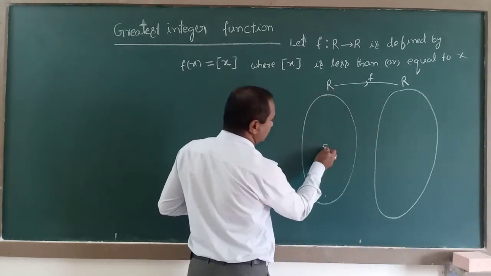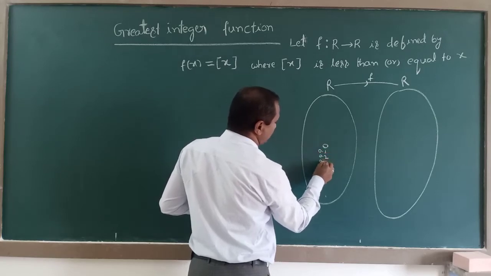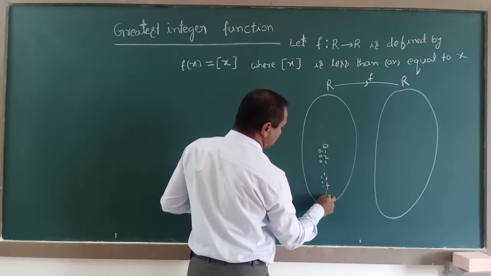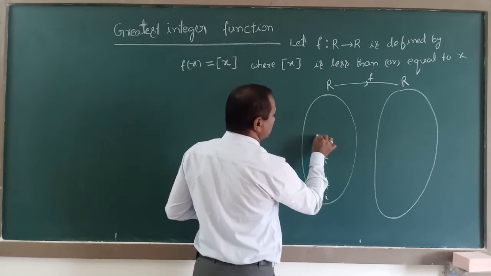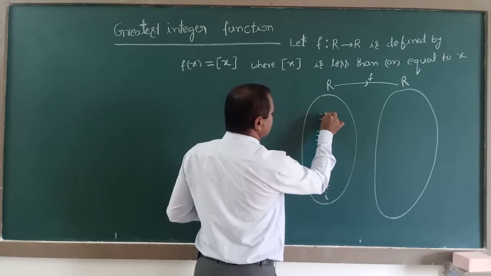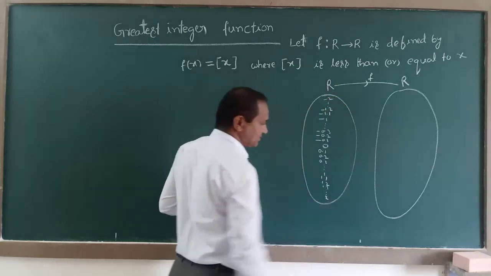0, 0.1, 0.2, 0.3, 1, 1.1, 1.2, 1.3, 2, like these elements. Here also minus 0.1, minus 0.2, minus 0.3, minus 1, minus 1.1, minus 1.2, that is -2, like that.